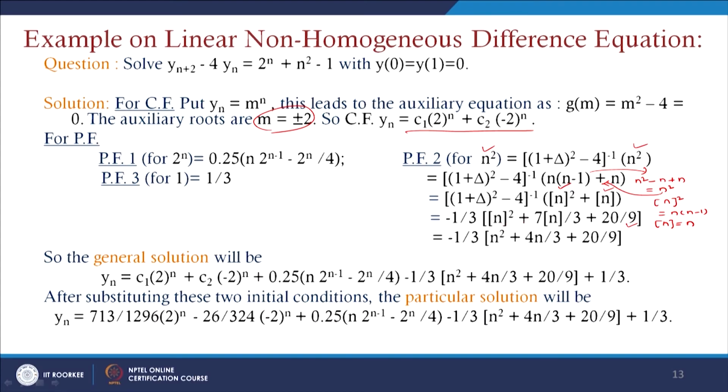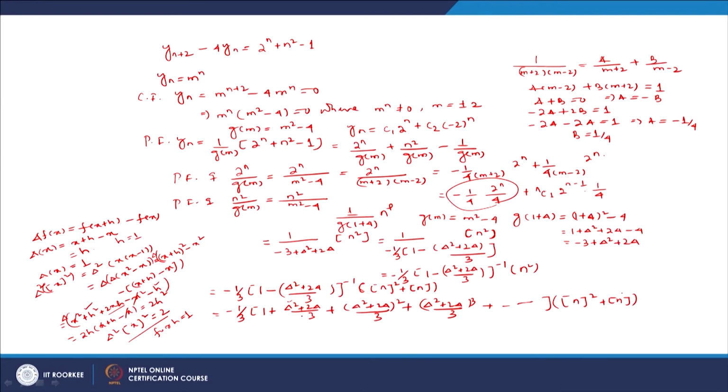Bracketed n square we can write as n into n minus 1, plus 7 n by 3 plus 20 by 9. So it will take the value minus 1 by 3 into n square plus 4 n by 3 plus 20 by 9. And you can visualize this from here also: the first value is minus 1 by 3 bracketed n square plus bracketed n.